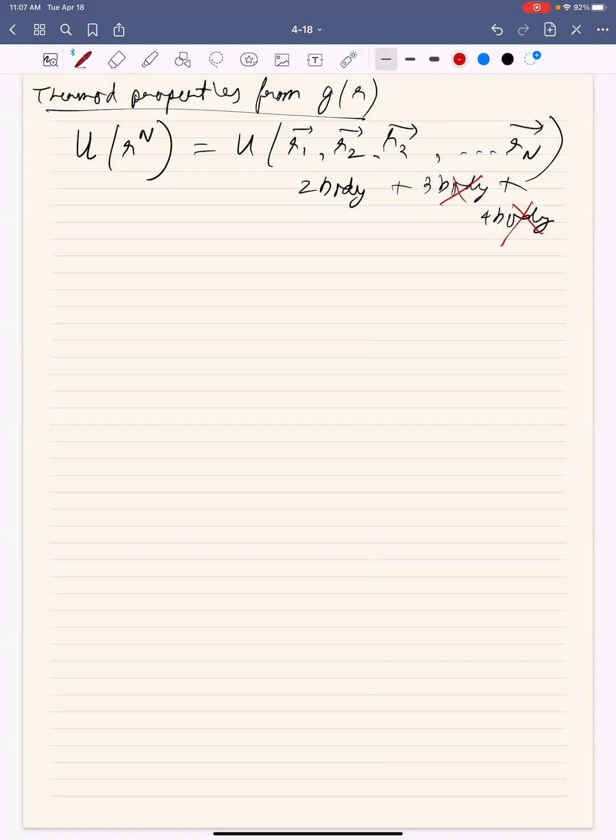We will consider that this U of r1, r2, ..., rn can actually be written as a sum going over every particle i equal to 1 to n, going over every other particle j equal to 1 to n, and assuming that this can be expressed as a small u.